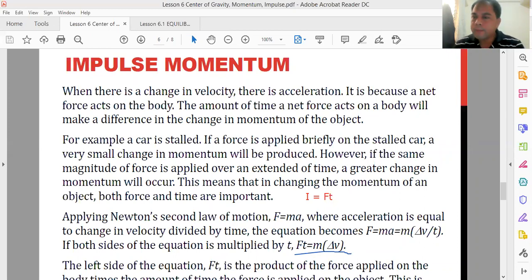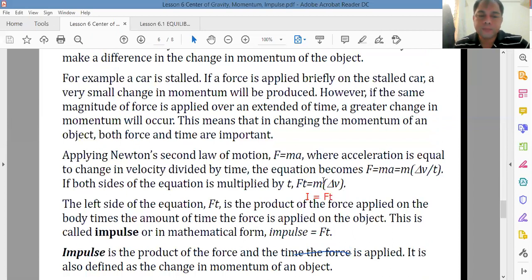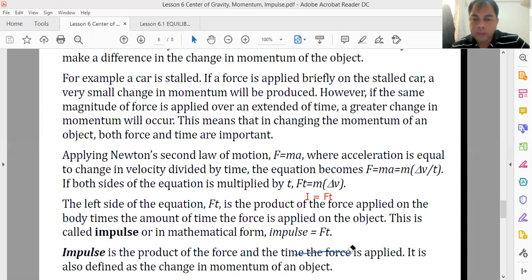So again, a moving car can create that impulse once it hits a certain object, or another object. So impulse is the product of the force and the time that particular force was applied.